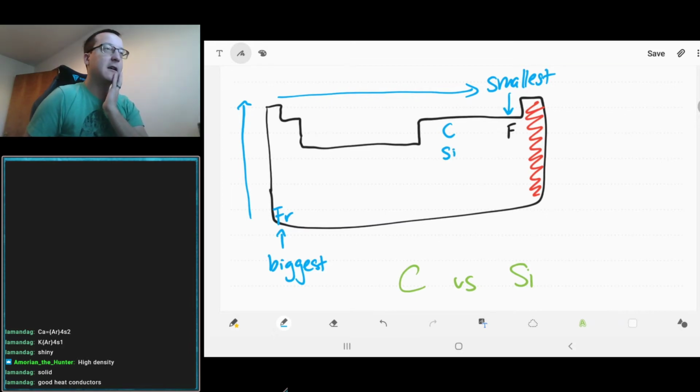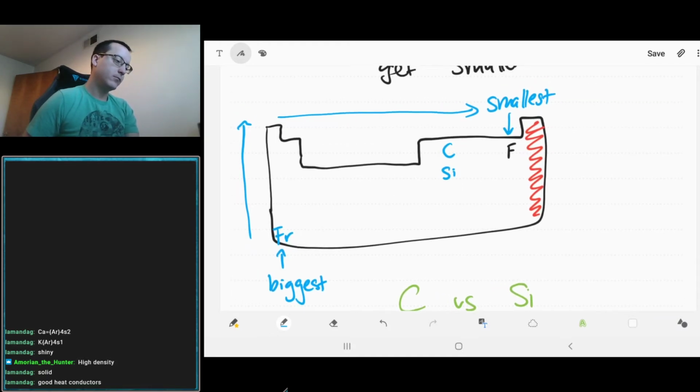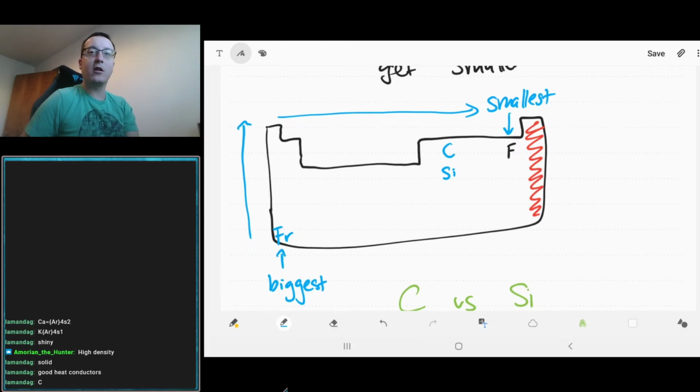Silicon is right there. Which one of these is going to be the smaller or bigger atom? I forget which one I said, but we'll be able to write either one. Which one's bigger? Yeah, carbon is going to be... Wait, no, carbon's not bigger.